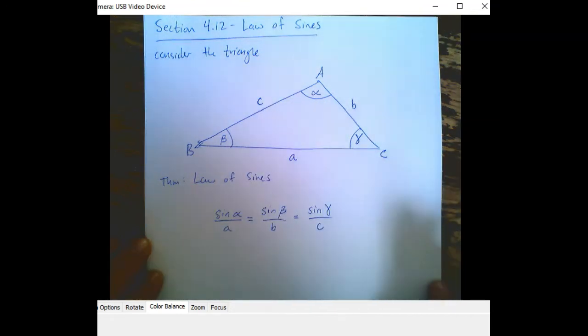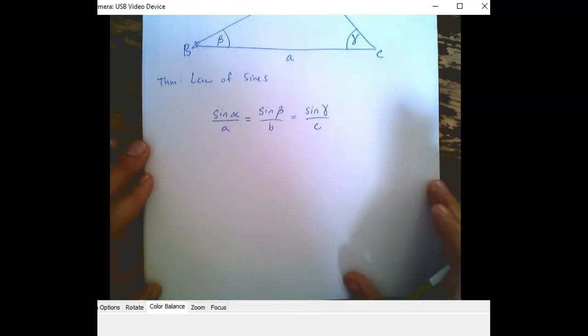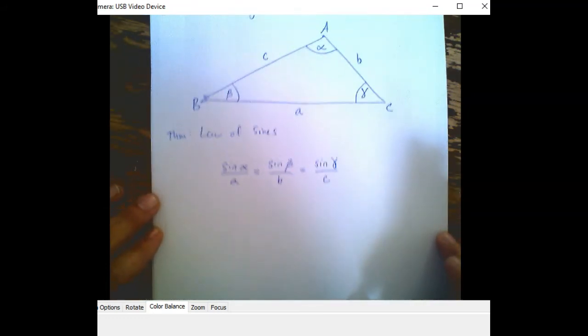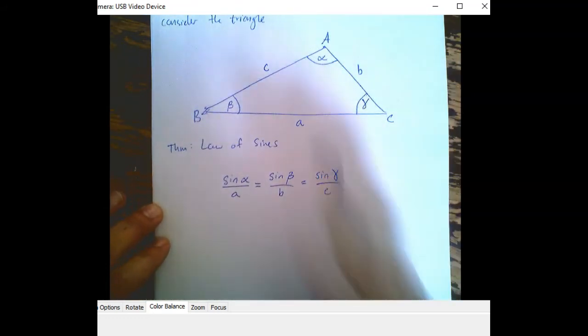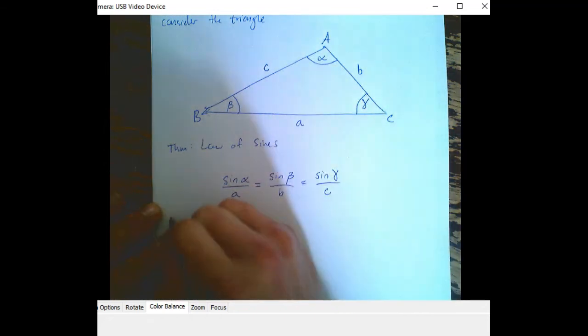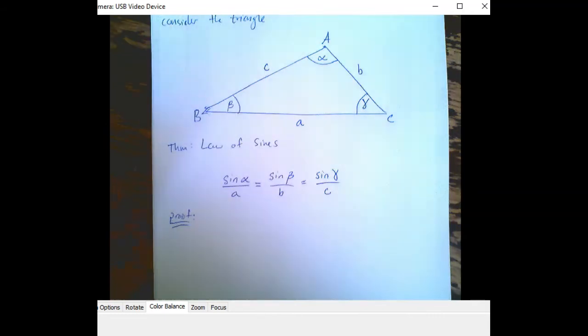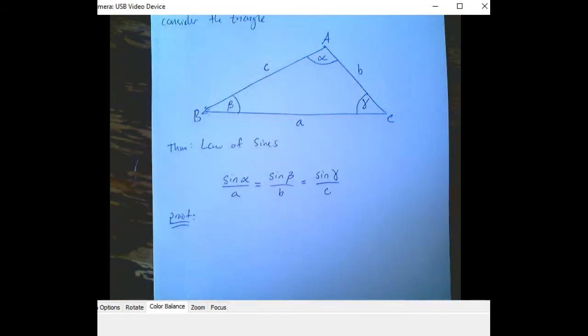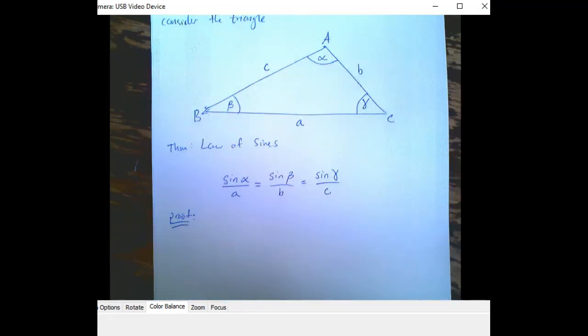So here I want to do a quick proof of how we get the law of sines. If we consider this triangle up here, let's do a little proof. What we can do is consider the height of this triangle.